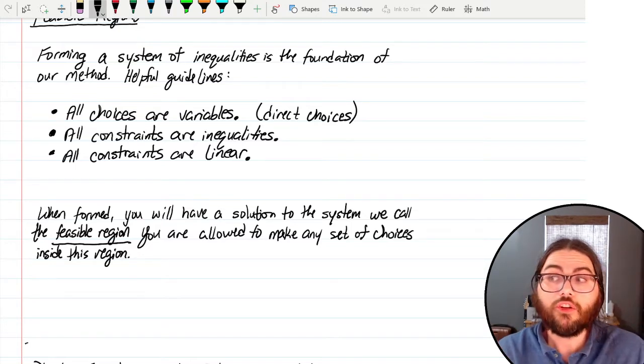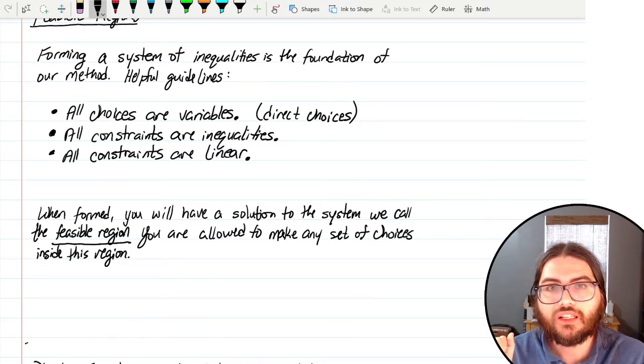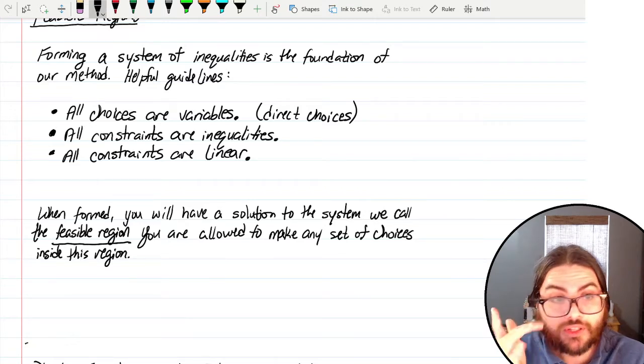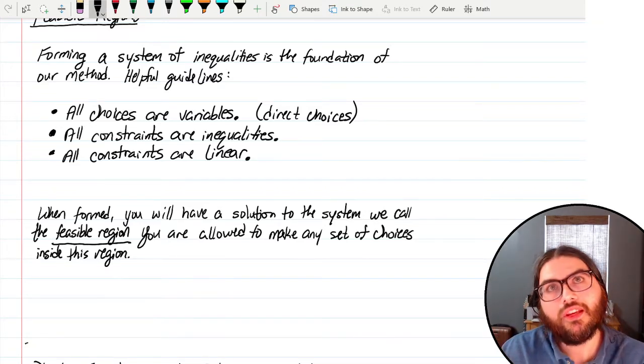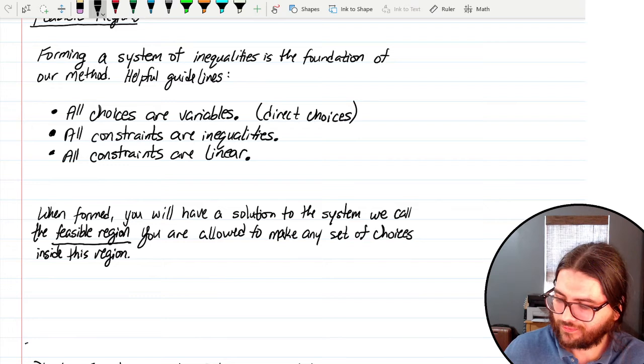But again, linear constraints aren't that big of an issue. Most of my reality constraints can actually be modeled as linear constraints. I only mention it here because, for the mathematician inside me, I have to say that these have to be linear inequalities.